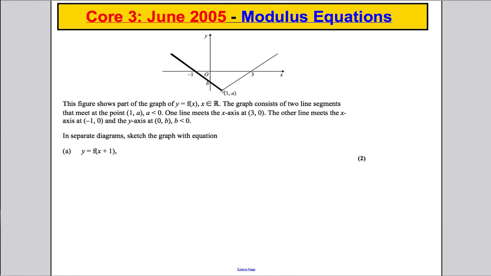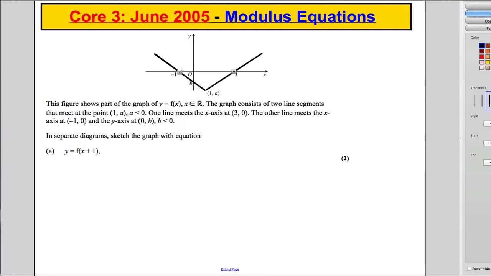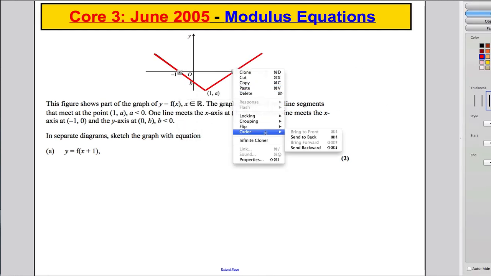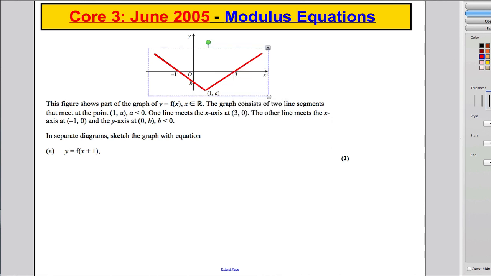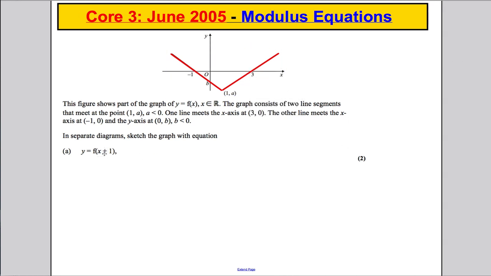Now that type of transformation, I'm just going to draw in over it here. Make those red, and I'm also going to group it. Now, that transformation there is a shift by 1 unit to the left.